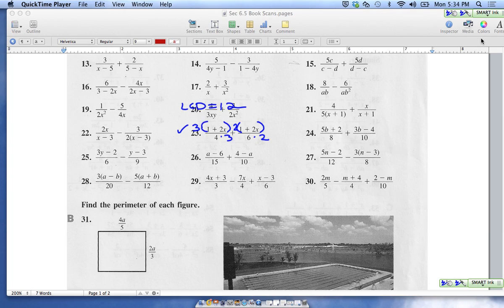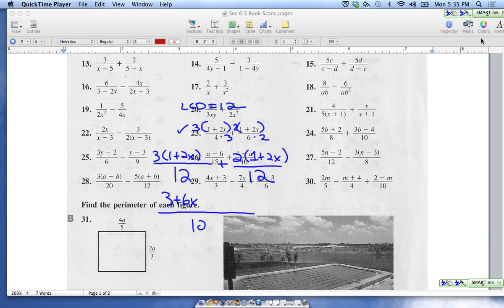So to bring this together, my denominator is 12. For the first fraction, I now have 3 times 1 plus 2x. My second fraction has a denominator of 12, and I have 2 times 1 plus 2x. And I need to use the distributive property. So the first fraction becomes 3 plus 6x, all over the LCD of 12.